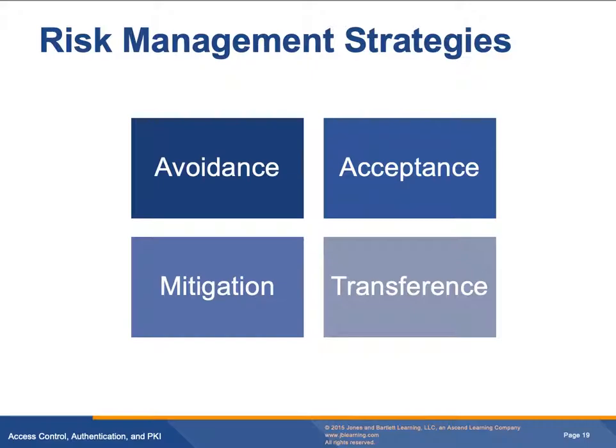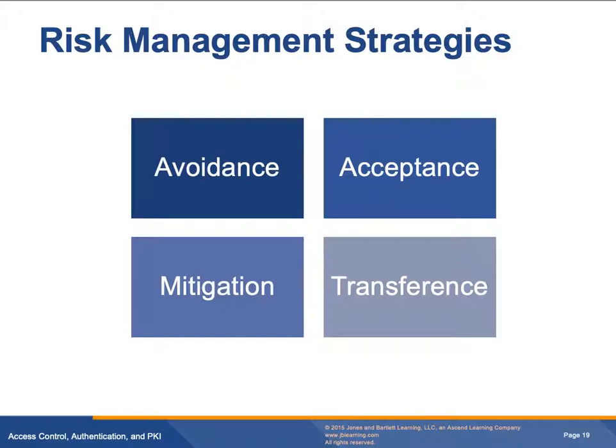That's a primary area. And then transference. Transference generally speaks to letting somebody else take the financial responsibility, and usually that's in terms of insurance. It's like cybersecurity insurance. You may have cybersecurity insurance. That somewhat transfers your risk.